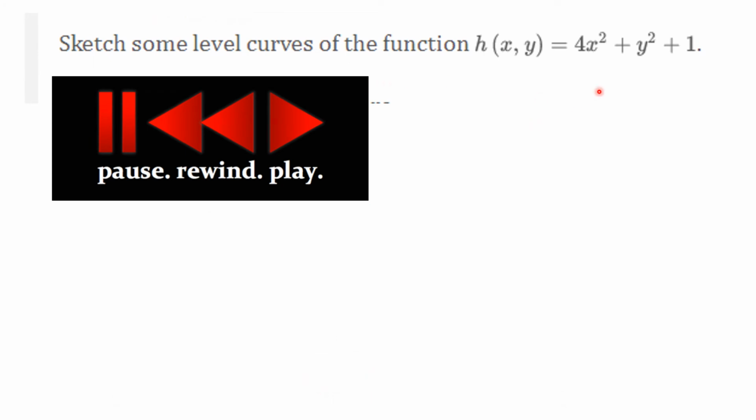Here's another one where you just sketch some level curves of this function, z equals 4x² + y² + 1. Let's see how you did.